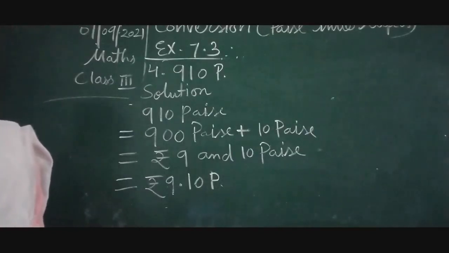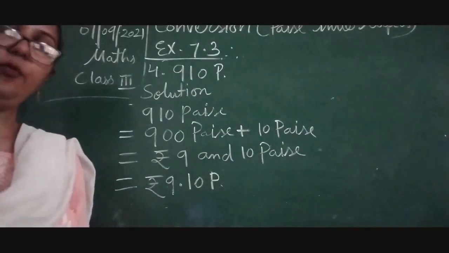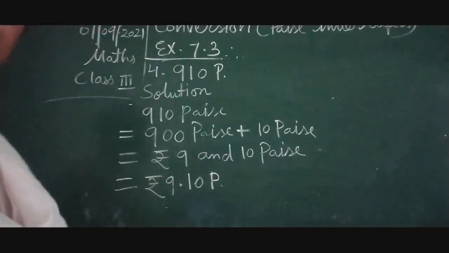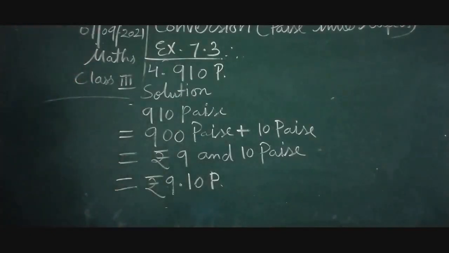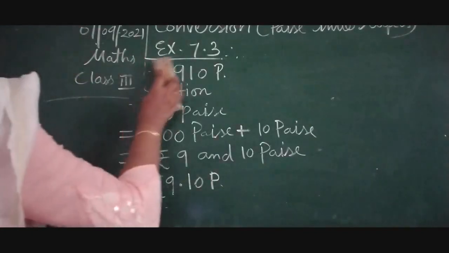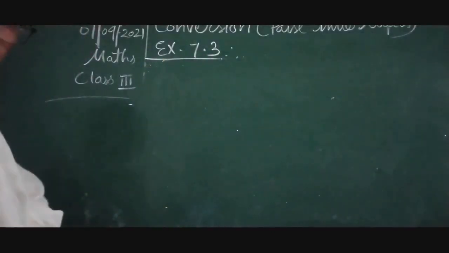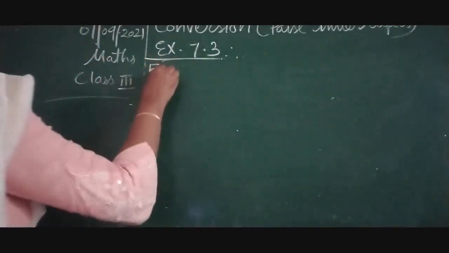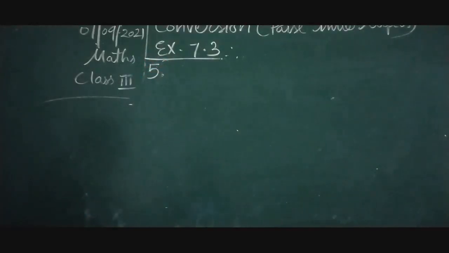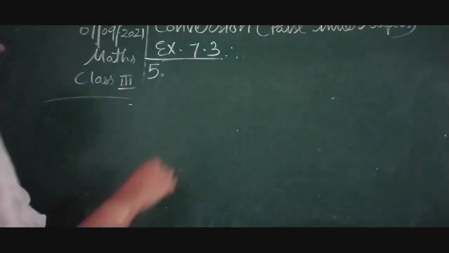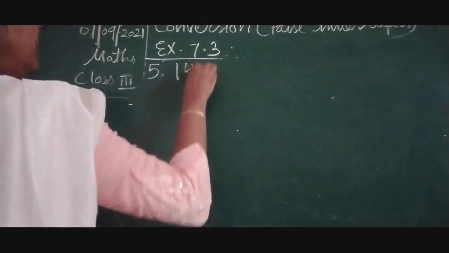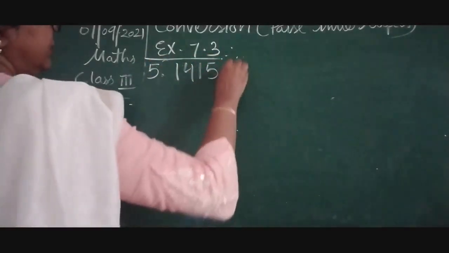Now number 5 we are going to do: 1415 paise. You just complete it, write the solution, take a screenshot. Okay, now 5 number, children. It is written over here, 1415. It means 1415 paise.